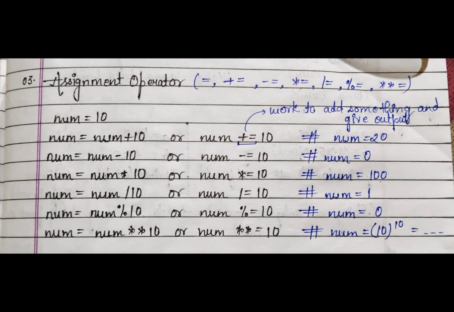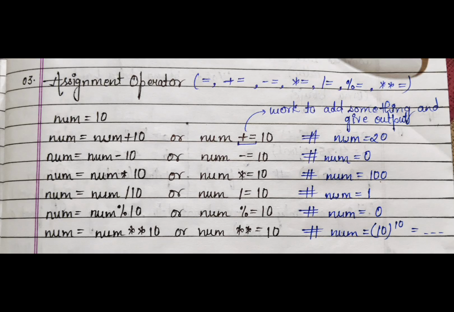So it will first add the 10 in the variable num, which means first it will add 10 to 10, and the output will come 20. The next line is saying num is equals to num minus 10, or we can say num minus equals to 10, which means we are subtracting 10 from 10, and the output will be 0.